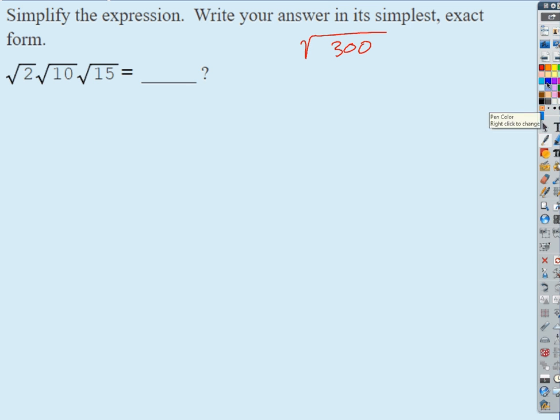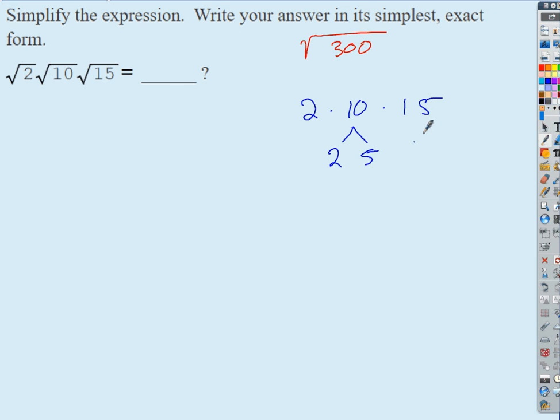We could say, okay, well, let's make a factor tree out of this product, right? If I've got 2 times 10 times 15, instead of writing it as 300, just write it as 2 times 10 times 15 and factor each of those separately. Well, 2's already done, isn't it? Okay, what does 10 break up into?